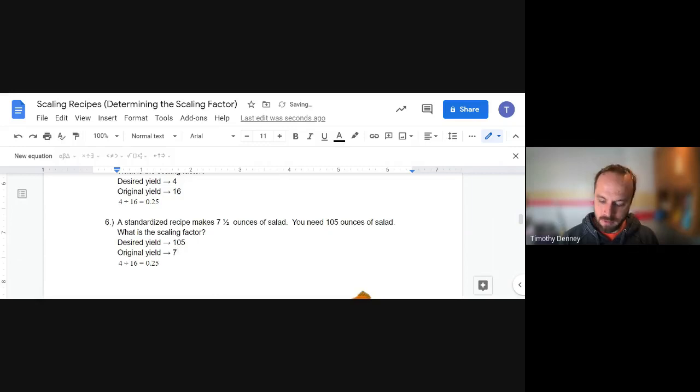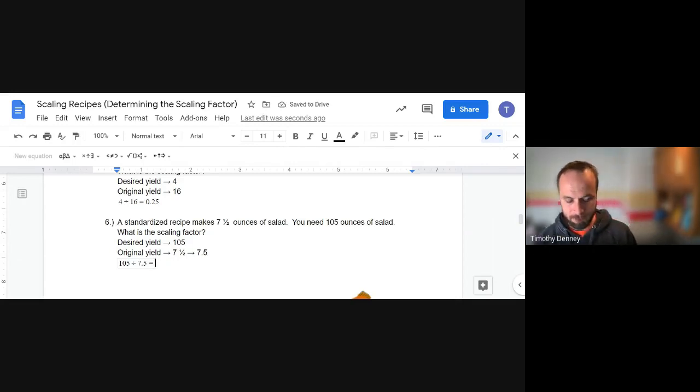And I'm going to say that the 7 1/2 is the same thing, so I can type in my calculator 7.5. So I take my desired yield of 105 divided by 7.5. And you should get 14.